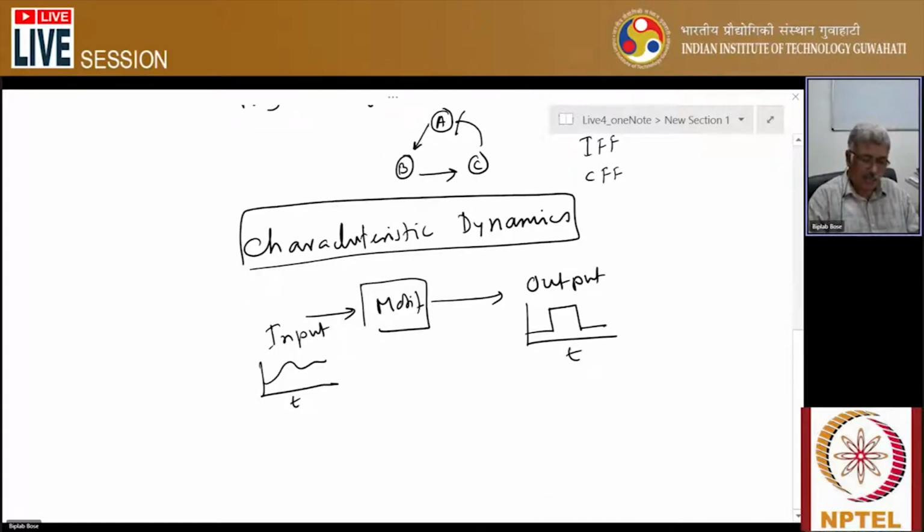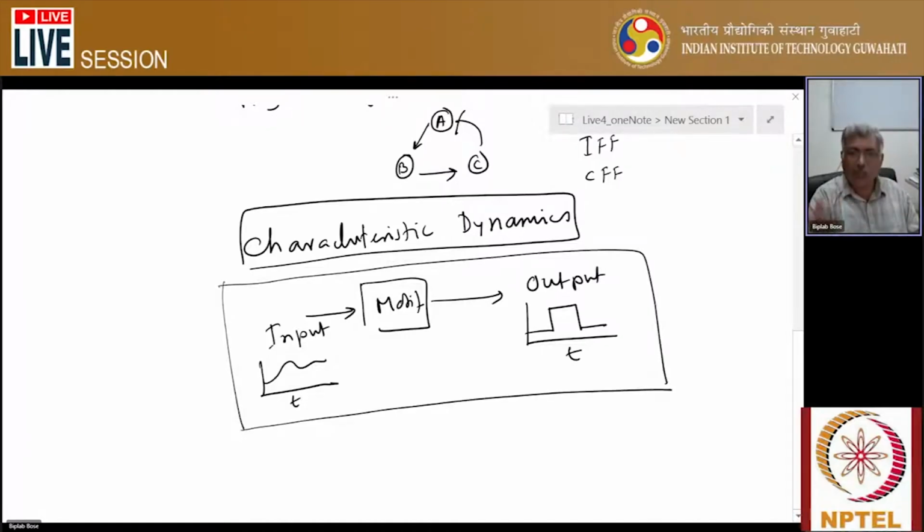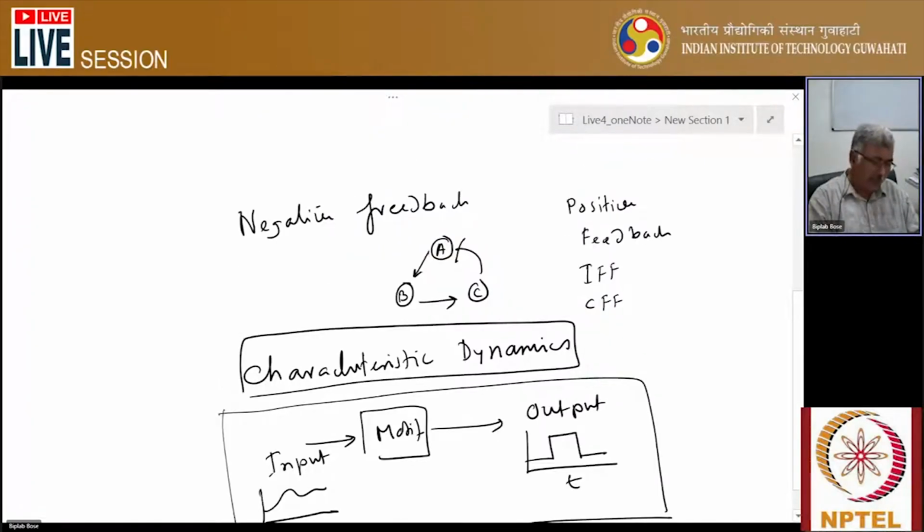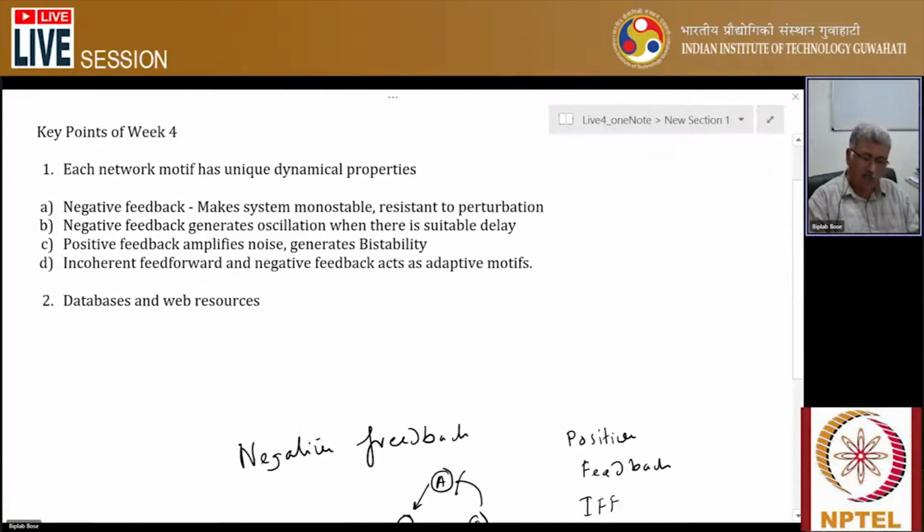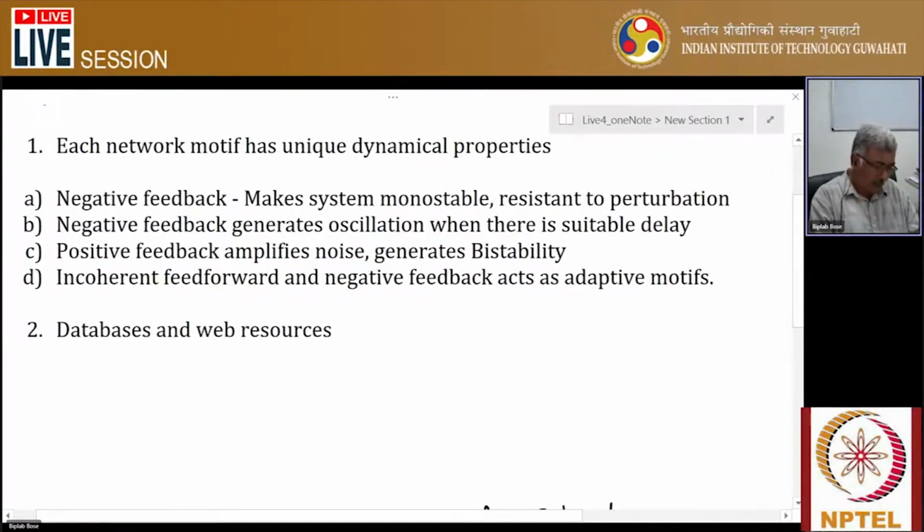If a particular motif has a particular type of input-output behavior, that is called the characteristic dynamics of that motif, right? So in this fourth week lecture, we are discussing the characteristic, or unique, dynamical properties of negative feedback, positive feedback, and incoherent feed forward, right?